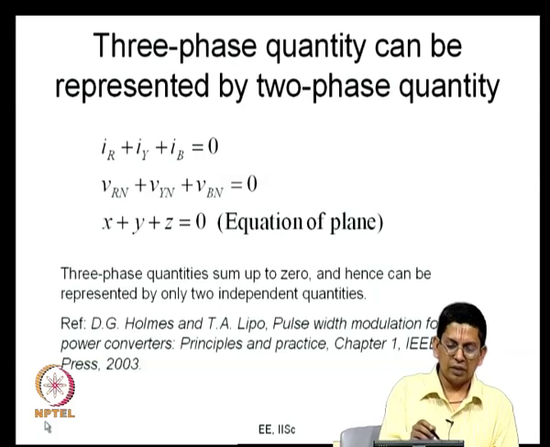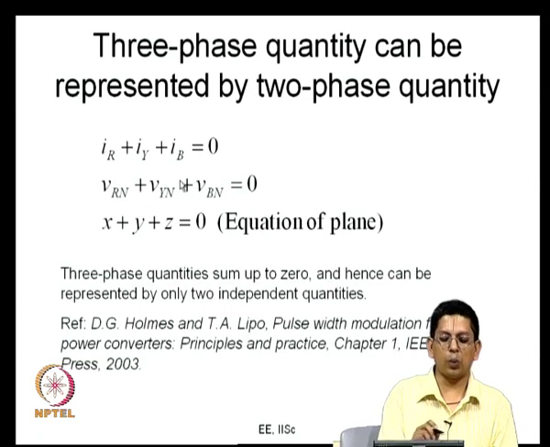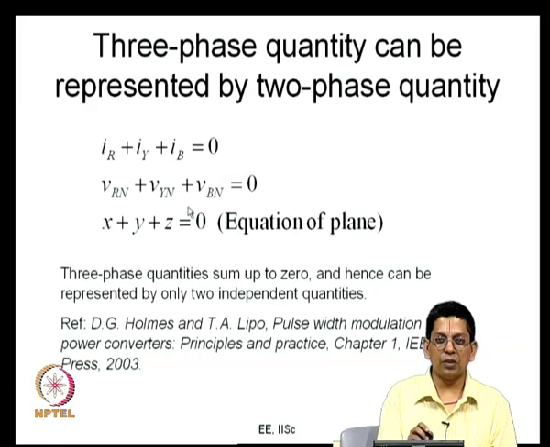So, it is a 3 phase quantity, but you see that the 3 phase quantities are not 3 independent quantities because they have a relationship. So, similarly here Vrn plus Vyn plus Vbn, this 3 phase quantity does not mean they are 3 independent quantities, they actually represent a plane. And how many dimensions does a plane have? Only 2 dimensions.